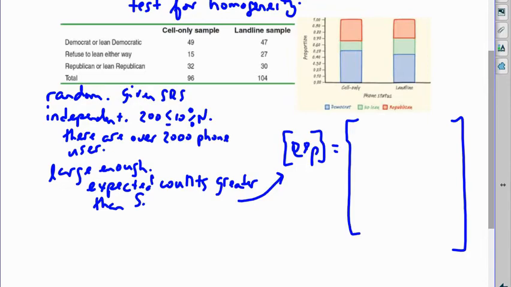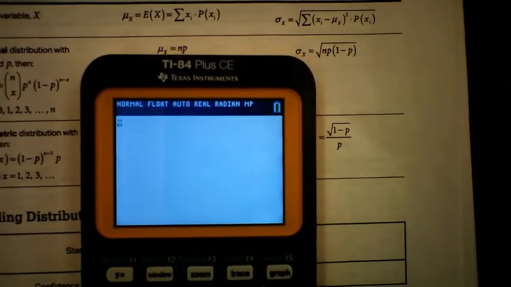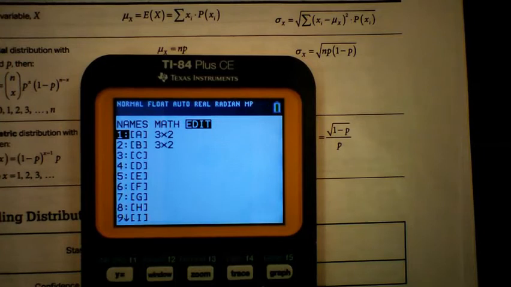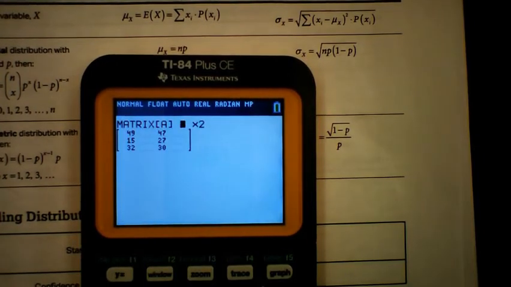So, okay, second matrix, edit. I've already entered in this matrix. Let's just make sure it looks right. Looks good.